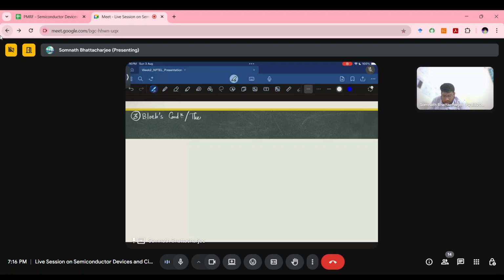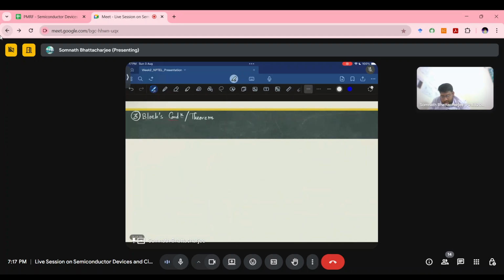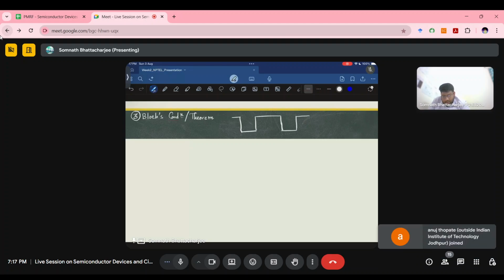or Bloch's theorem. What we consider in this is that as this is a repetitive unit cell, so whenever there is a repetitive unit cell, let's draw this. The amplitude of this section: as we have considered, this was 0 when x equals 0. This one was a naught, this one was minus b naught.